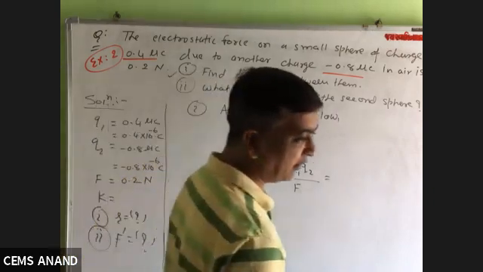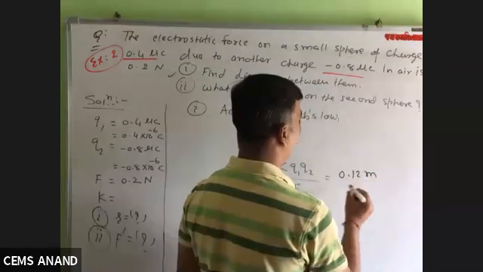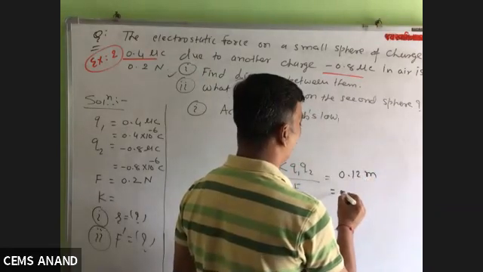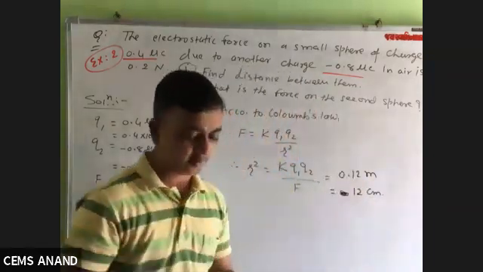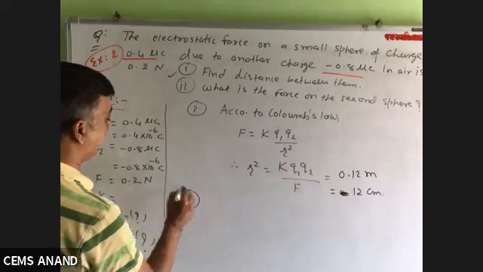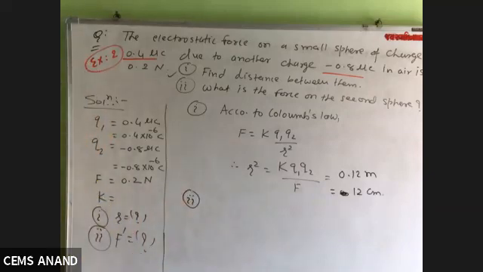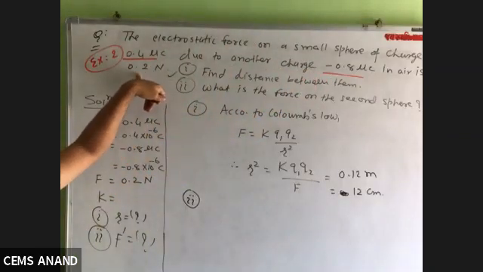And the answer you obtained for this is also 0.12 meter, or we can say 12 centimeter. Is it so or not? And we asked for the other thing, which is the force on the second charge. But we know that these two charges generate this much force between them.